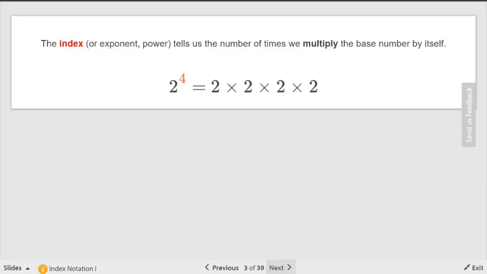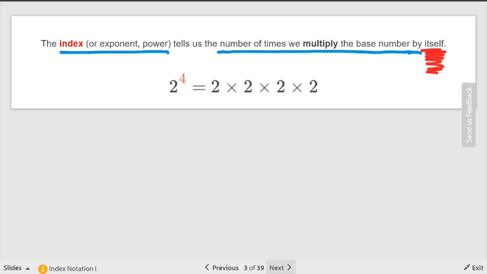The index or exponent or power, and this needs to be in your note, the index, exponent, or power, you can write one of them or all three of them. I don't care as long as you know they all mean the same thing. It tells us the number of times we multiply the base number by, and here I'm changing colors because I cannot emphasize this enough, by itself.